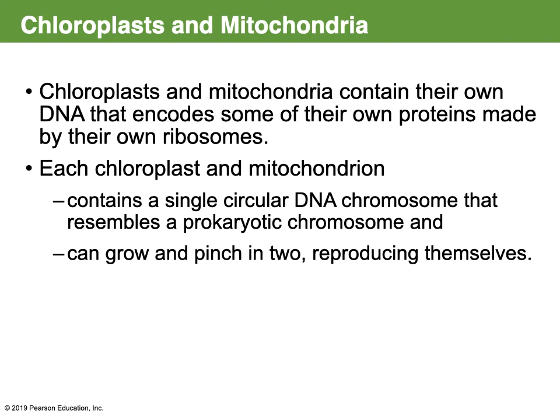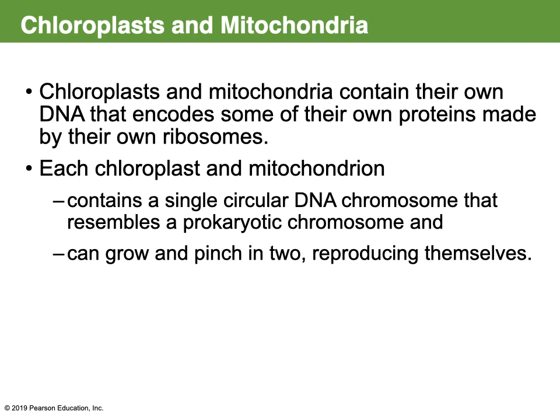Now, one neat thing about chloroplasts and mitochondria, they contain their own DNA, which encodes some of their own proteins made by their own ribosomes. So each chloroplast and mitochondrion contains a single circular DNA chromosome that resembles a prokaryotic chromosome and can grow and then pinch, divide in two, reproducing themselves.